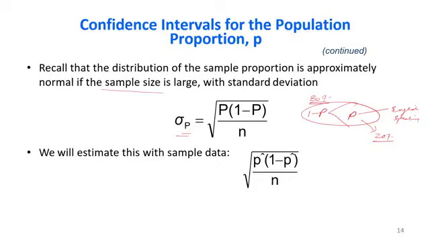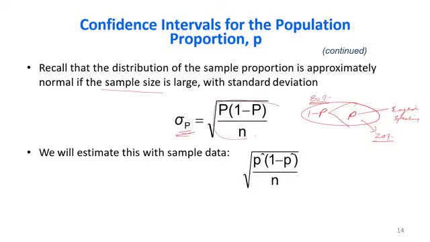Okay. So the product of these two proportions, P, which is the proportion of our interest, into 1 minus P, will be the numerator, and then we will divide it by the sample size, and then finally we'll take the square root of that. That will give me the standard deviation.